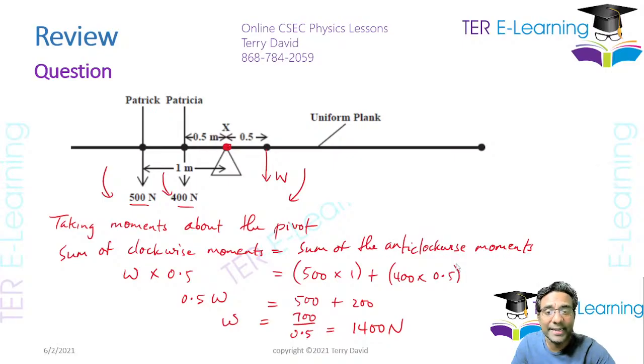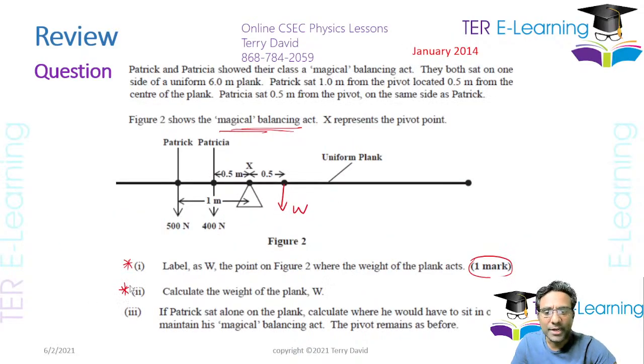The weight of the plank is 1400 newtons. So that's part 2 we just worked out, the weight of the plank.